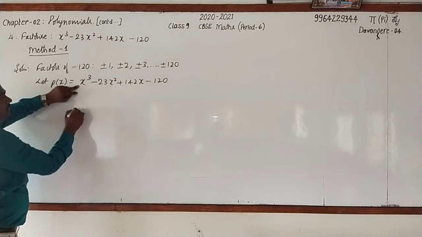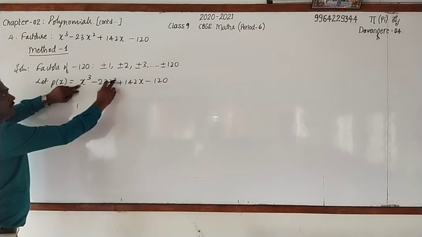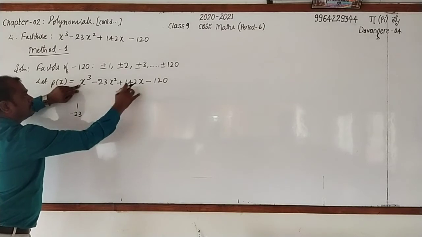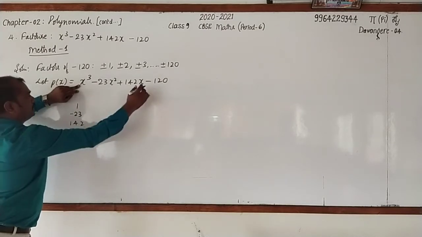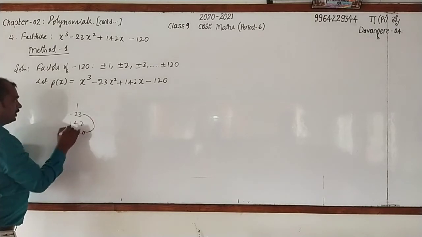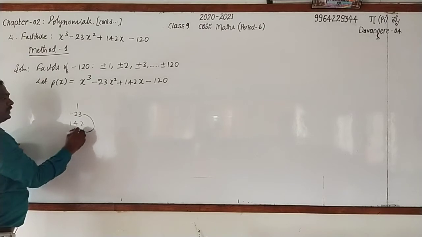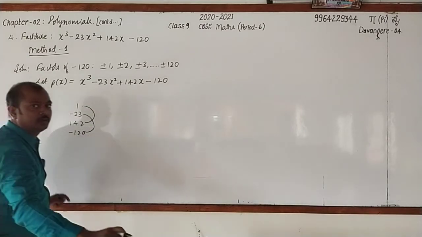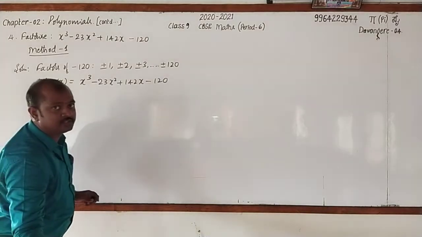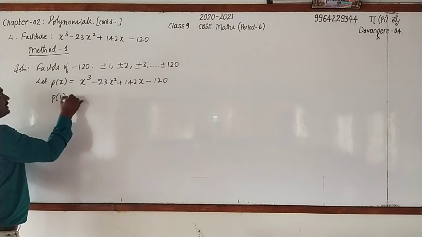If you take 1, it will be 1 cube, which is 1. 1 square is 1. 23 ones are 23. 142 ones are 142. Here minus 120. Minus 23, minus 143, 142 plus 1, 143. So both get cancelled. It comes 0.